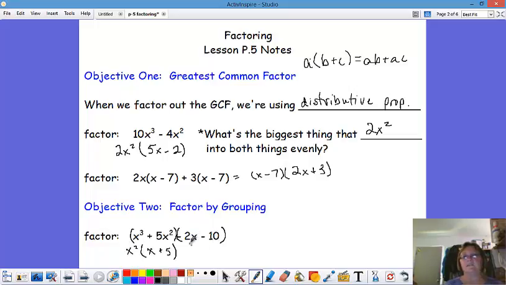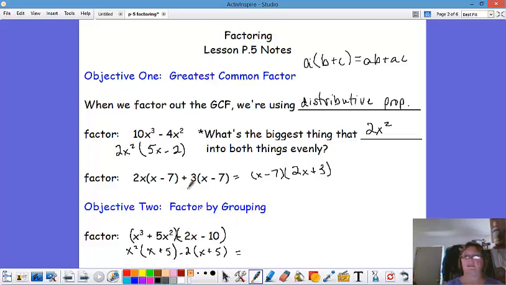As you look at the second group, that's negative 2x minus 10. We could take a negative 2 out of both of those terms. And that would leave us with an x here, negative 2x divided by negative 2, and negative 10 divided by negative 2 is plus 5. And look at that, folks. We've got two terms here that both have an x plus 5 that they can give up.